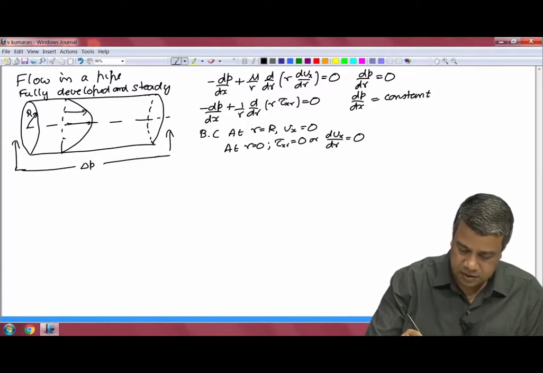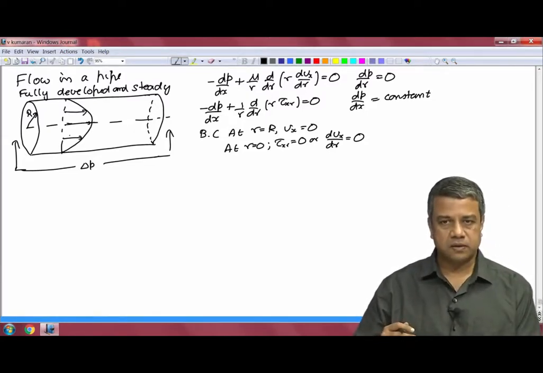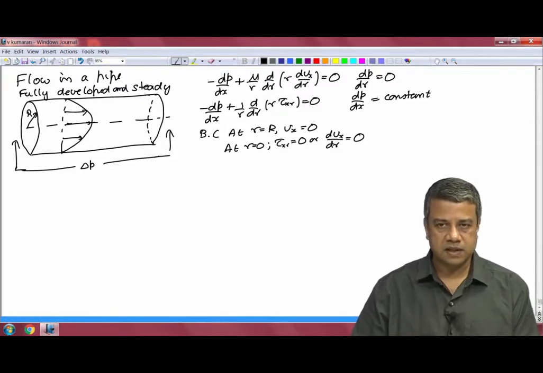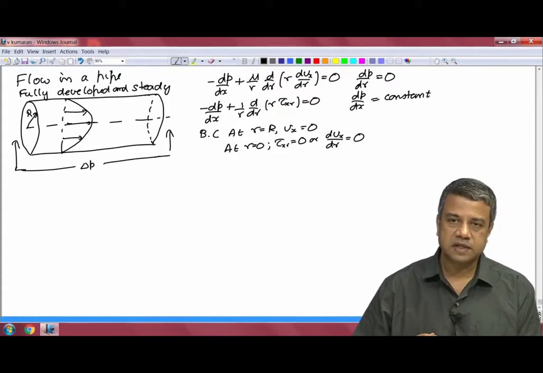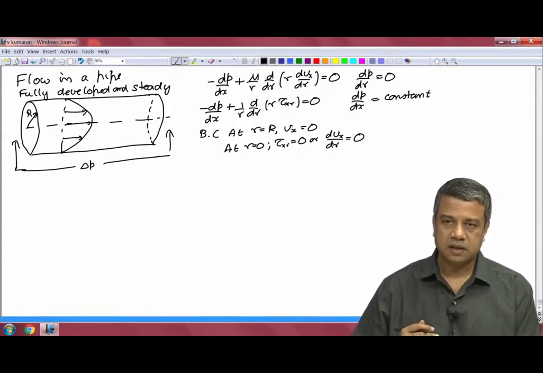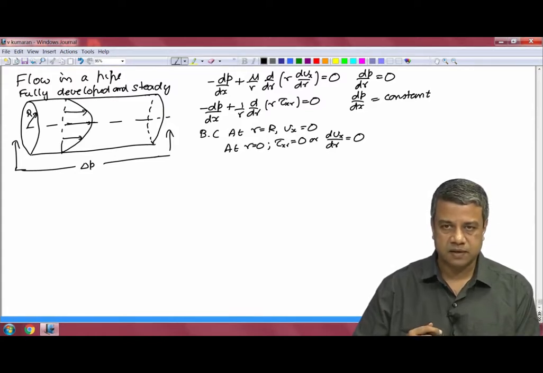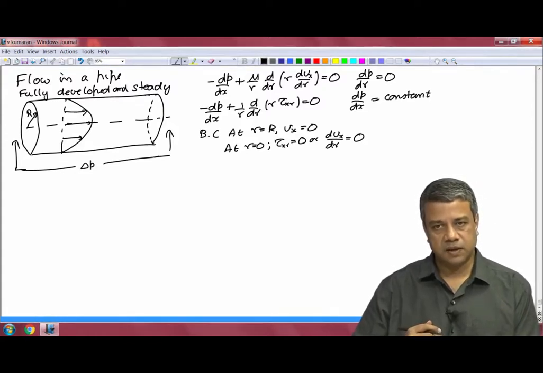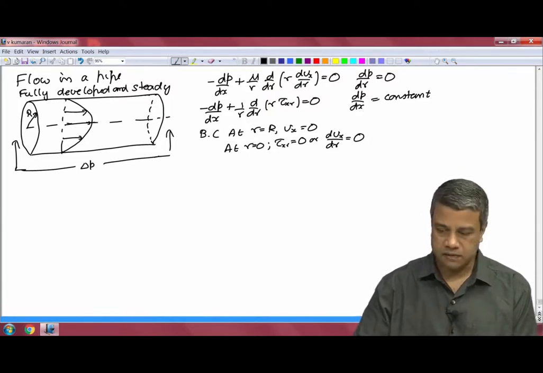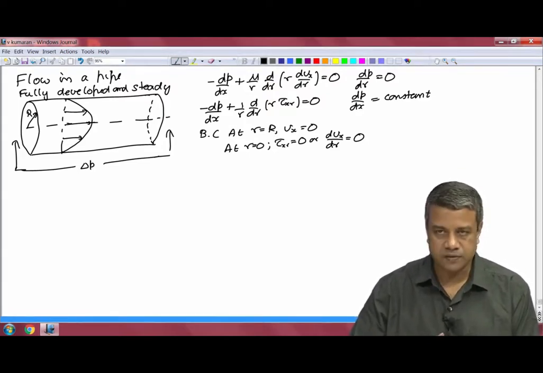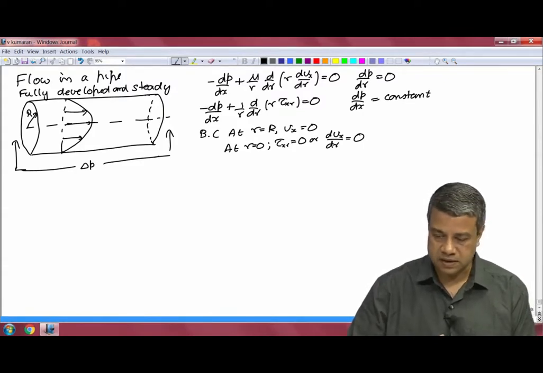If it does not have 0 slope at the center, then the slope will not be continuous as you approach the axis from different directions for an axisymmetric flow, where the velocity does not depend upon the angle around the axis. It depends only on the distance from the axis. So, in that case you can get a unique solution for the slope of the velocity only if it is 0 at the center.